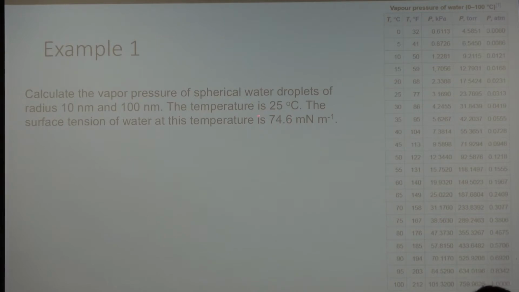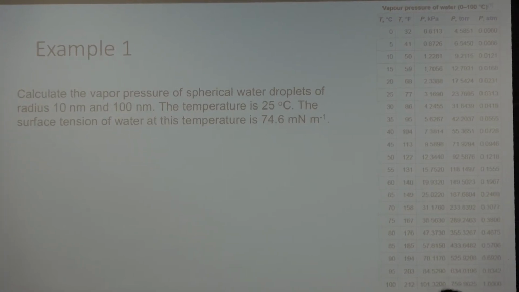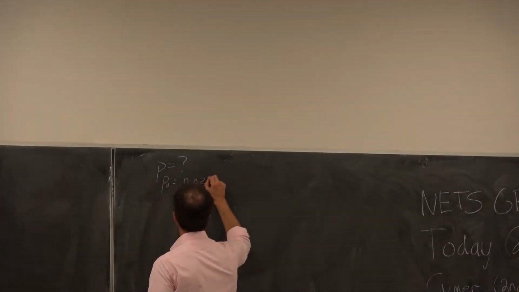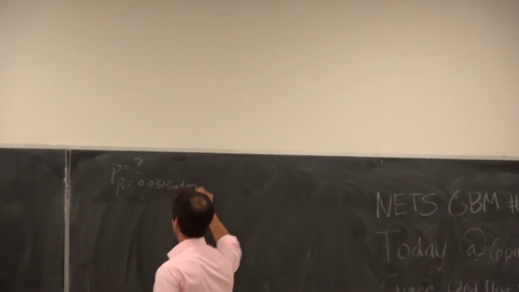At 25 degrees C, we know the vapor pressure of the bulk is, let's use atmospheres, 0.0313 atmospheres. Okay.